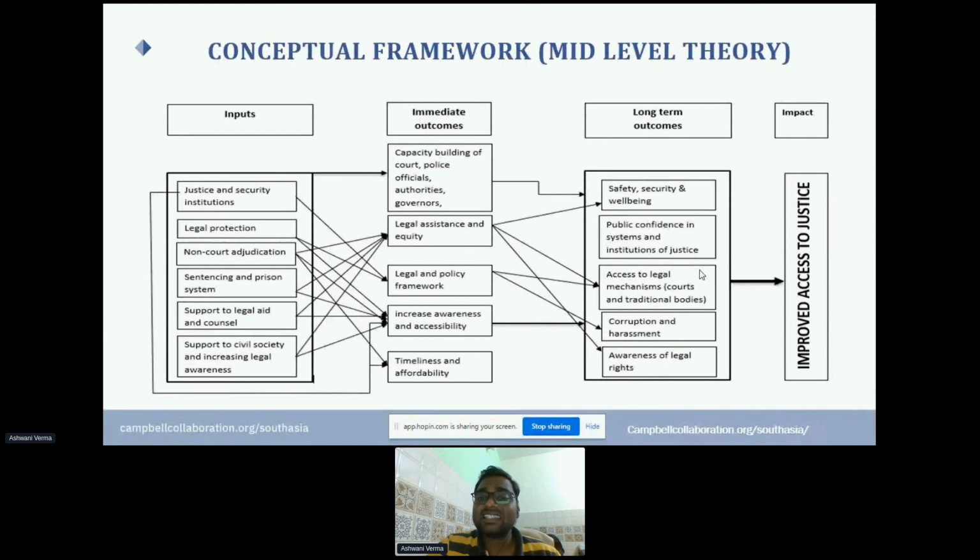We have access to legal mechanisms, which includes courts and traditional bodies, and this further leads to outcomes related to corruption or harassment, and even awareness of legal rights, which ultimately lead to improved access to justice, measured as the impact of these interventions.